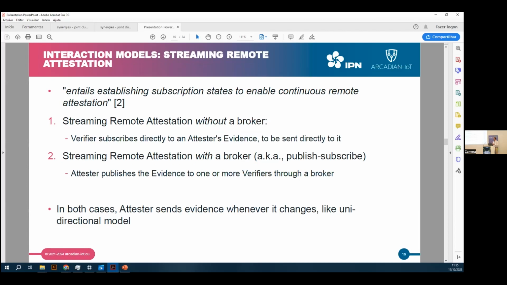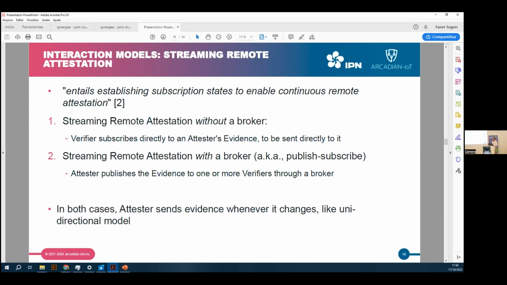The one without involving a broker, where the verifier subscribes directly to an attester's evidence in order to be sent directly to it, while in the option where a broker is involved, the attester publishes the evidence to one or more verifiers using the broker. In both cases, the attester sends the evidence whenever it changes, similarly to the unidirectional mode.